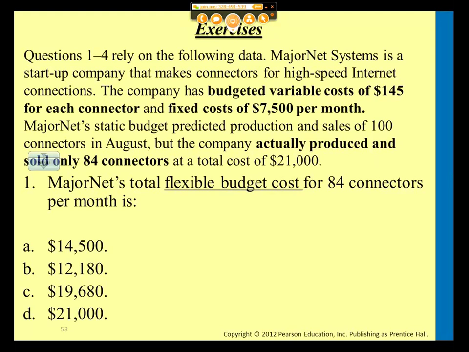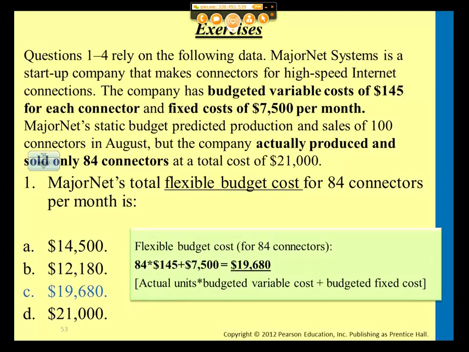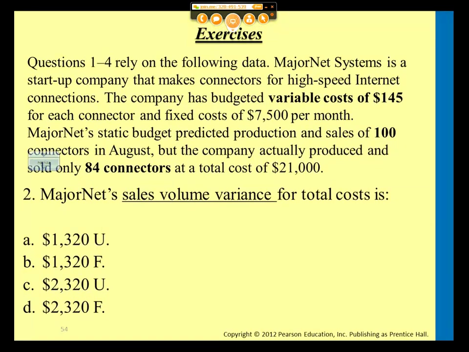So 84 multiplied by 145, and then what do I do with this? That's just one part of the flexible budget, right? Yes. And then you add $7,000. All right. So actual units, budgeted variable cost and the budgeted fixed cost. Yay, so it's a C. Okay, that's not it, right? It's 1 through 4, and we're done with this chapter, so wait a second.